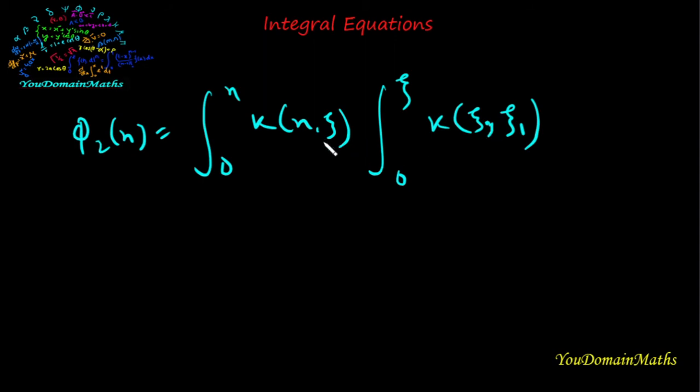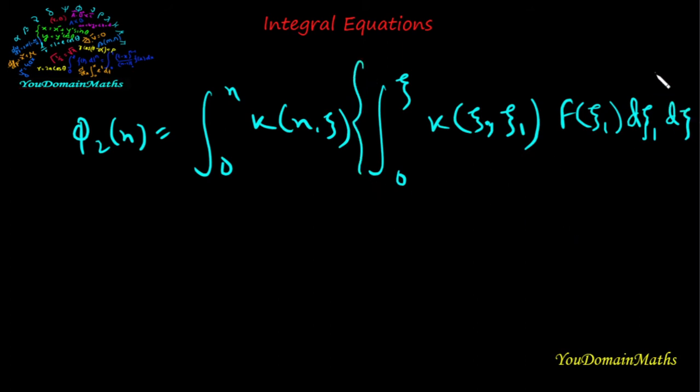Because when we replace x by xi, two xi would be mixed up, so xi is replaced by xi1 first, and then x is replaced by xi. That means phi naught of xi1 d xi1 and d xi.